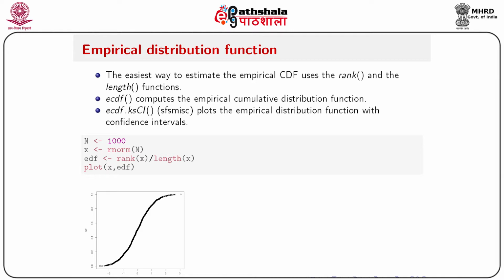Manually, you can say n equals 100 and then x equals rnorm n. Suppose we have generated x values from a standard normal distribution. The estimated distribution function is, as I mentioned, rank of x divided by length of x, and plotting EDF against x will give you the estimated distribution function.